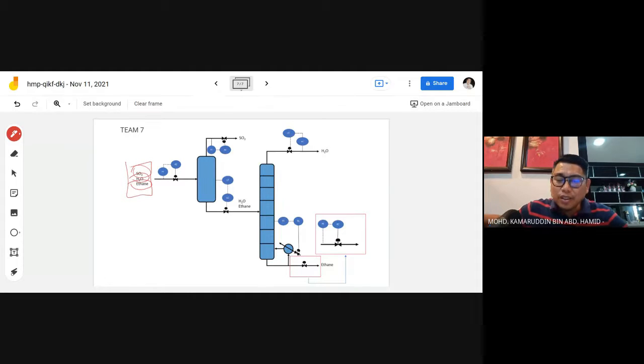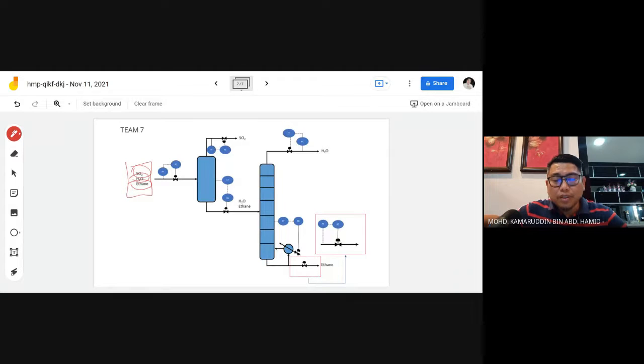Okay. One thing yang you need to remember, please refer back to your chemical reaction textbook. In order for the reaction to happen, doesn't matter whether it's complete or not complete, the reaction itself needs to have a residence time.